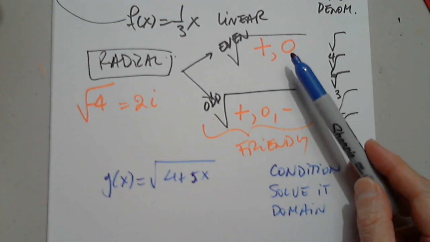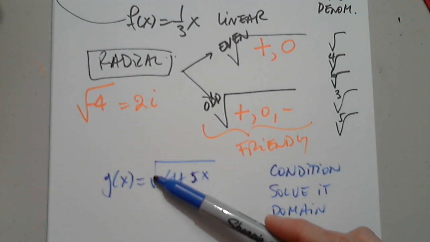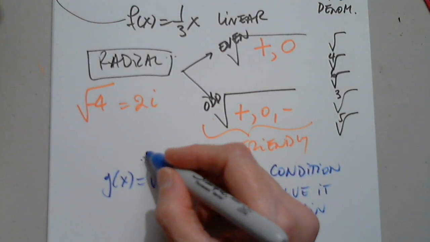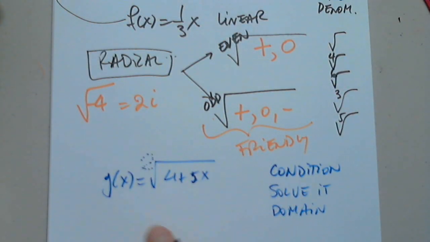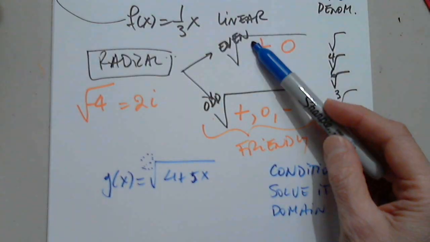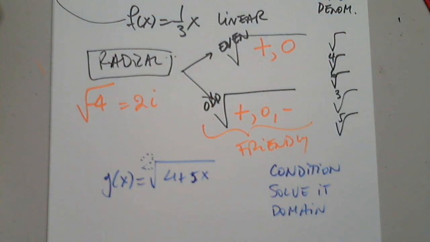Because it's index 2, we don't write it. We always know it's there, but by convention, we don't write index 2, the square root. So it's of this category. What would you recommend we should write to determine the domain of this function?